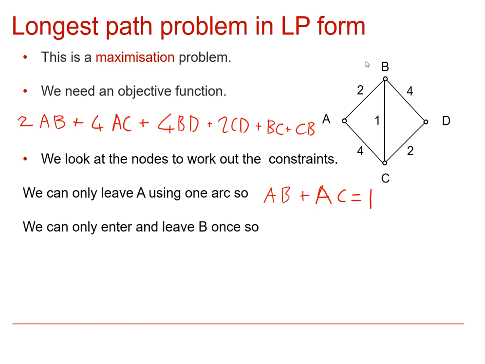Now we can only enter and leave B once, and also as we enter B by one arc we must leave by another. So if I add together the two variables corresponding to the arcs which lead into B, so that's AB and CB, at most one of those will be 1, and if one of them is 1, then one of the arcs which is leaving B will also have a variable associated with it of 1.